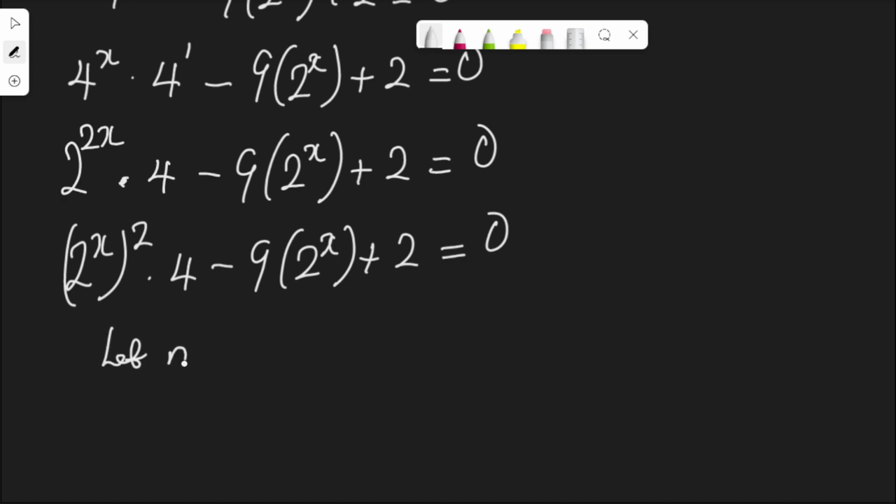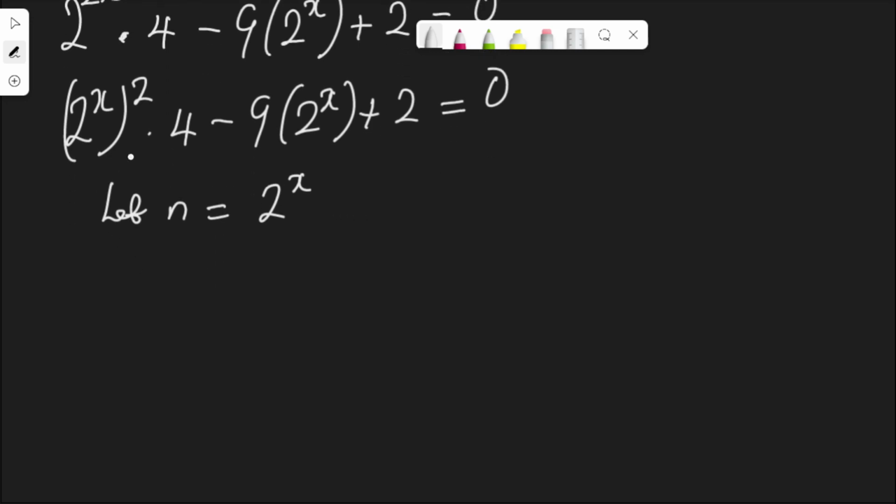Let n be 2 to the power of x. So anywhere I see 2 to the power of x here, I'm going to replace it with n. Therefore, this first term here will be n squared. We have a square there, multiplied by this 4, that will be 4n squared, minus 9n, again 2 to the power of x there, then plus 2 equal to 0.